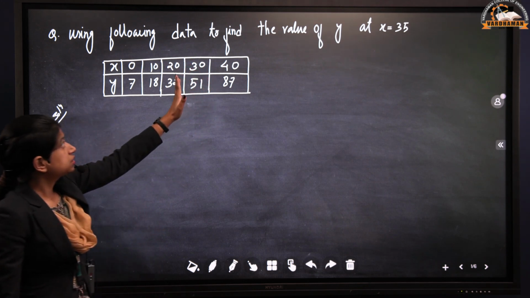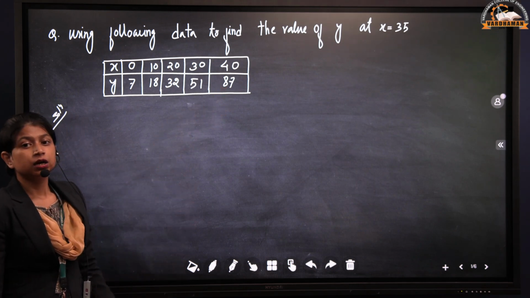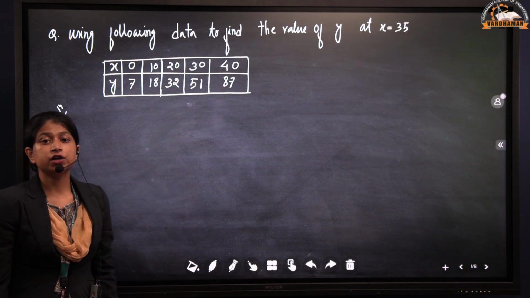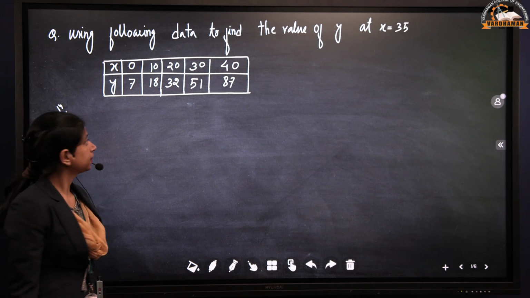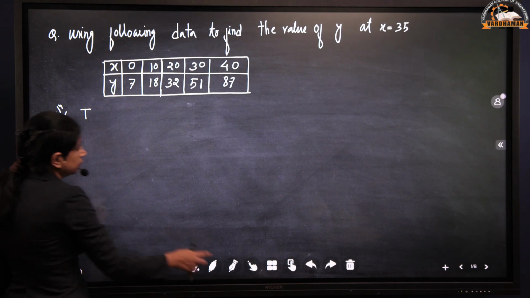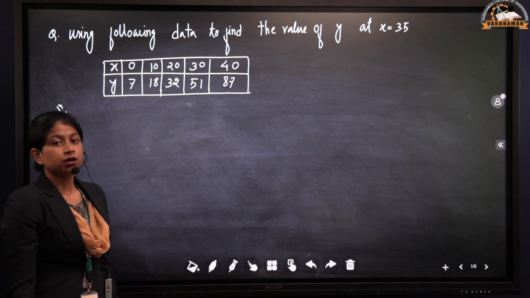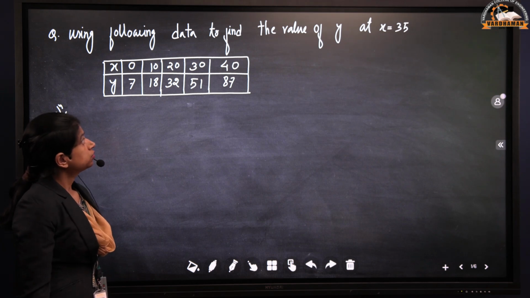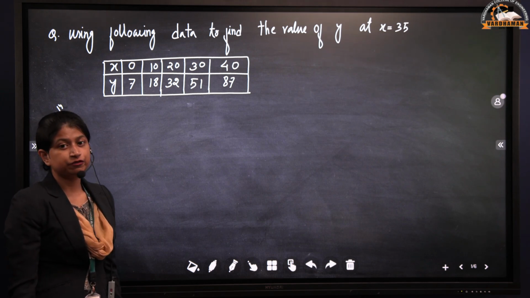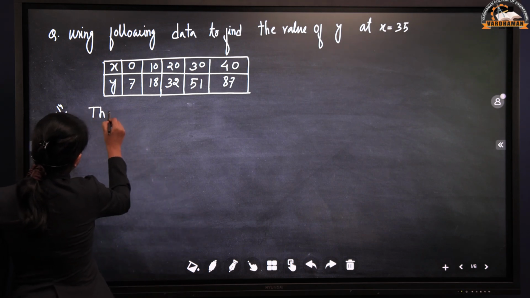So as it is at the end of the table, we can use the Newton's backward interpolation formula. So for that, we need to form the backward difference table first.